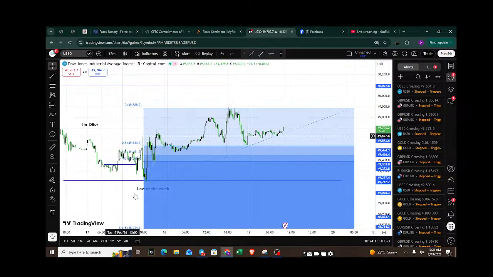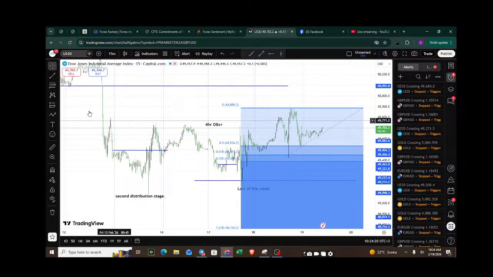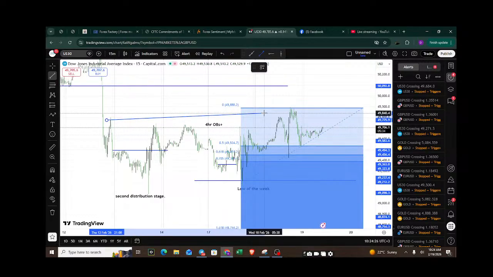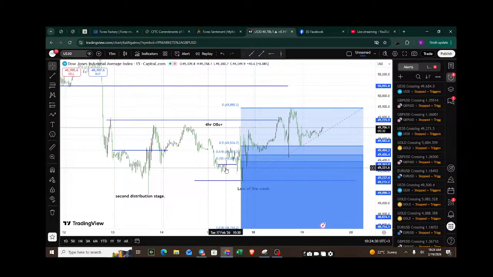So what I would wish to see on USD, because we have clearly broken all these levels, all of them, my friends.